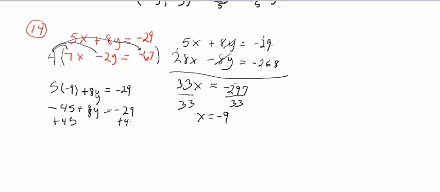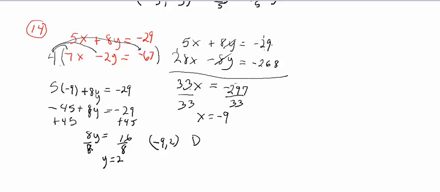Add 45. I have 8y is equal to 16. Then I'm going to divide by 8. Divide by 8. And my y is equal to 2. So my answer is -9, comma 2. And if I look at my answer choices, that's letter D.